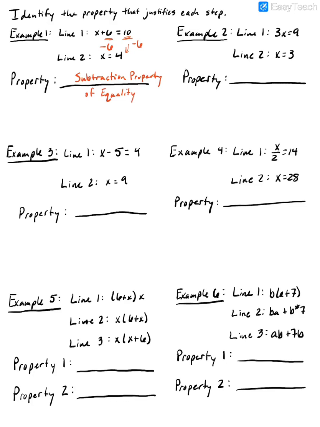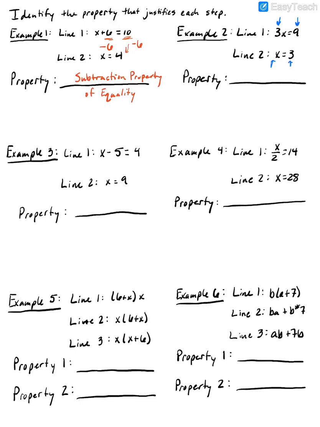Next example. In line 1, we have 3x equals 9, and in line 2, we have x equals 3. We want to think about what changed. On this one, the 3 and the 9 in the top line are changed in the bottom line, so now it's just x and it's just 3.